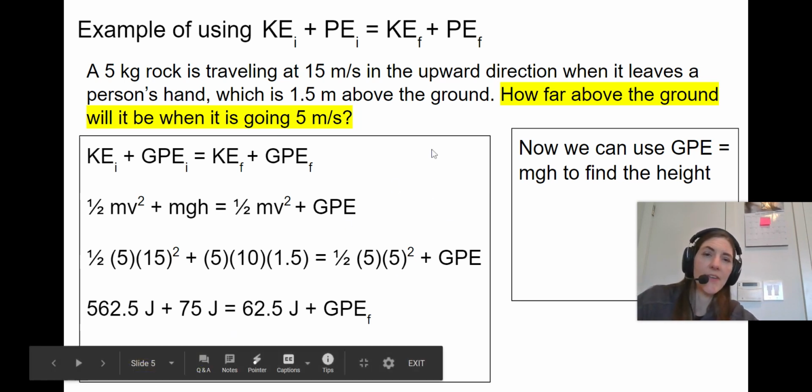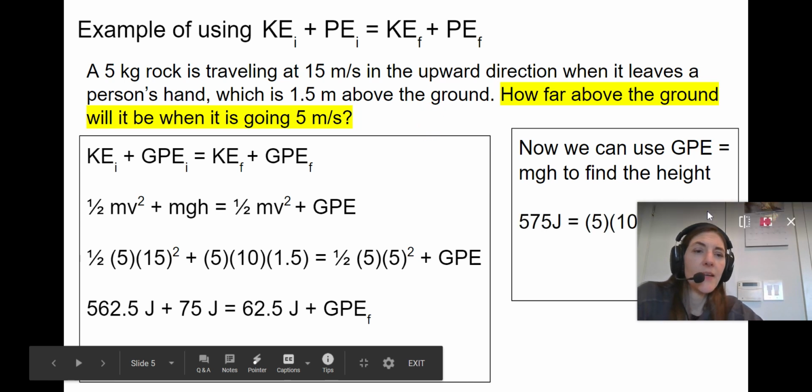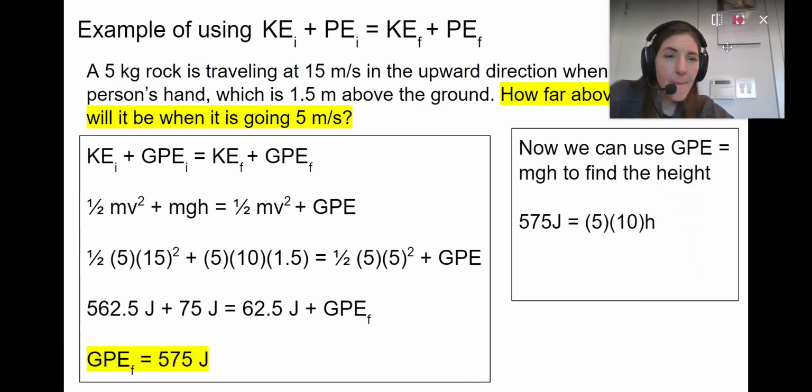So it's 575 joules. Now, we can find the height by using that 575 joules of gravitational potential energy, which is what the potential energy is when that rock is traveling 5 meters per second. And I can use that to find the height.